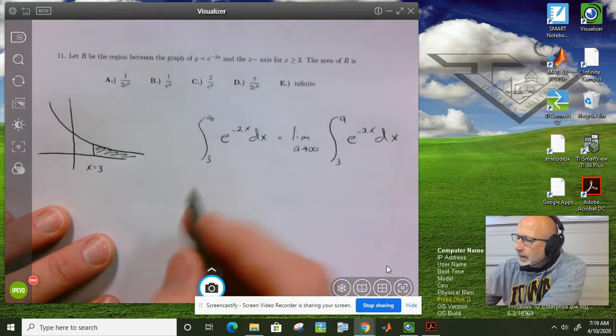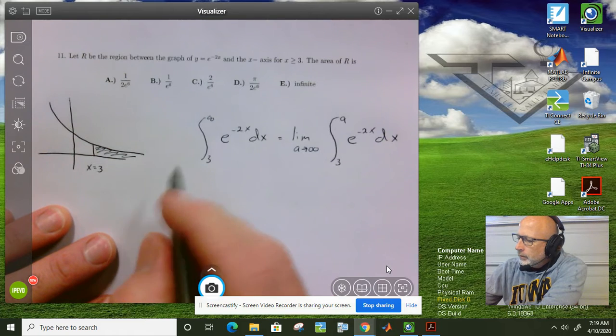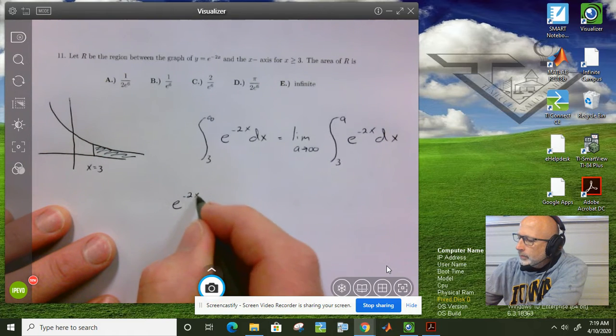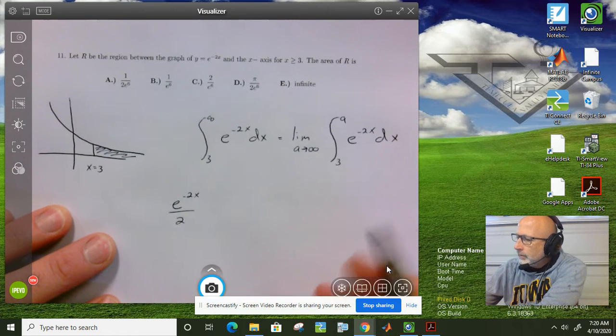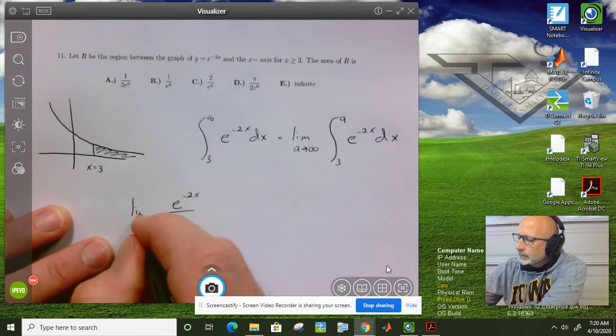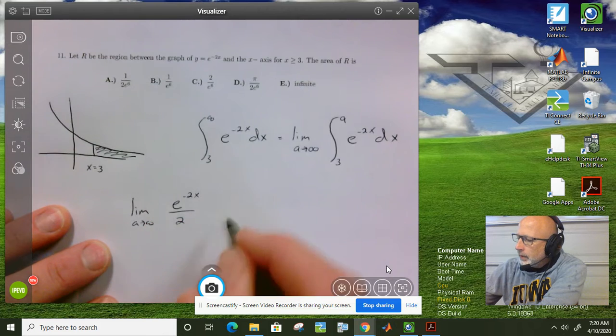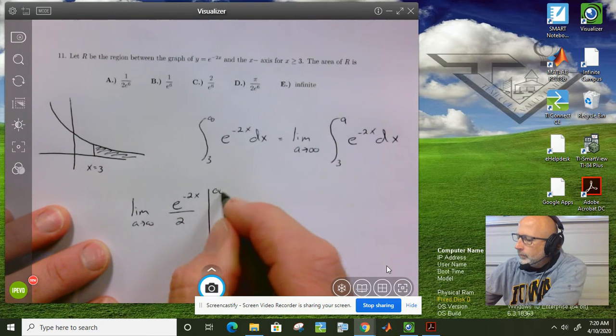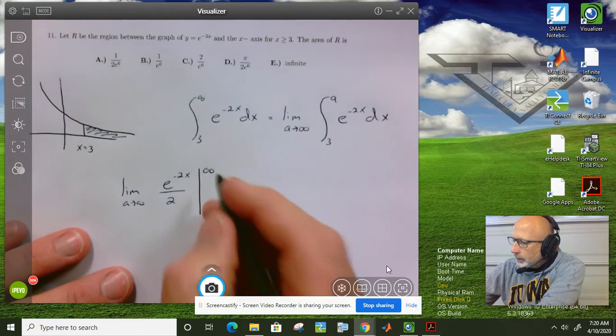Okay, so integrating that, it's an e to the x function. So you get e to the negative 2x, but divided by 2, because you have to divide through by the derivative of negative 2x. So this will be the limit as a goes to infinity, going from 3 to a.